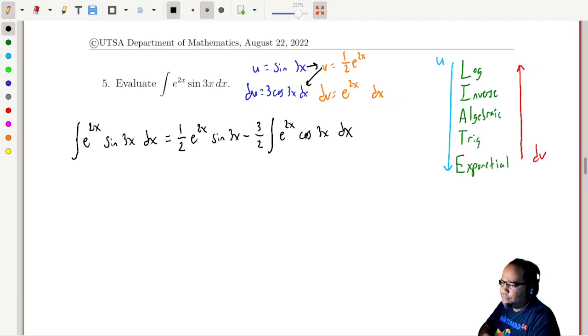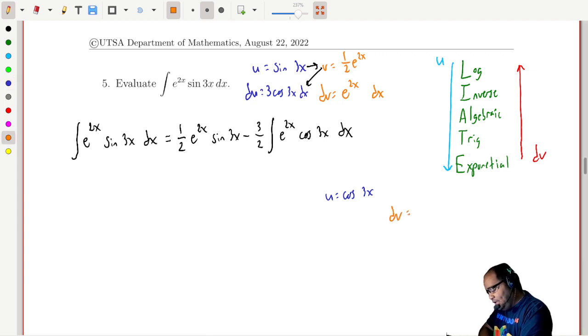Well, the resulting integral looks similar to the one that we started with. So we're going to go ahead and make a similar choice here. Once again, set u to be the trig function, cosine. And so dv is going to be, once again, e to the 2x dx, which means v is 1/2 e to the 2x.